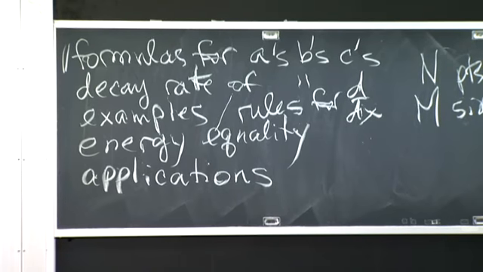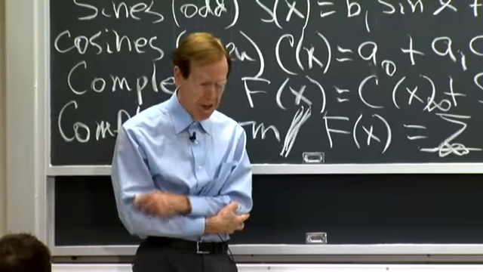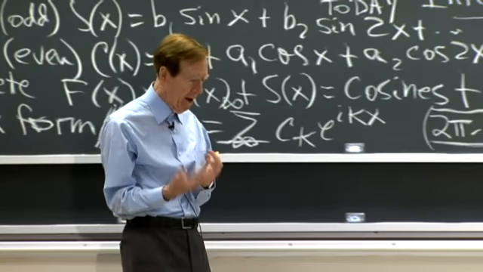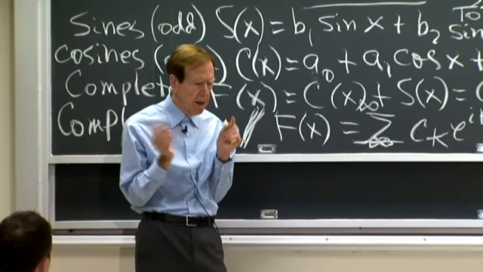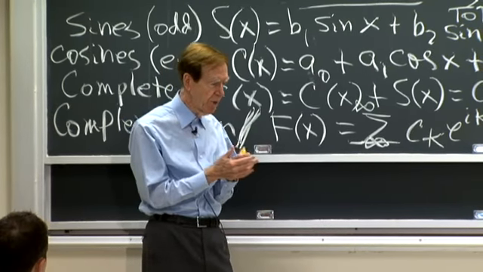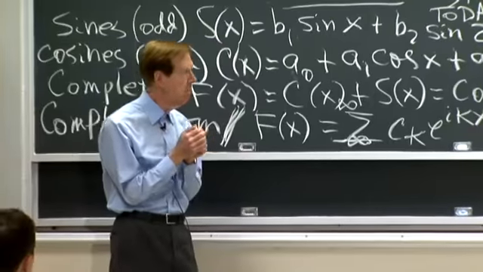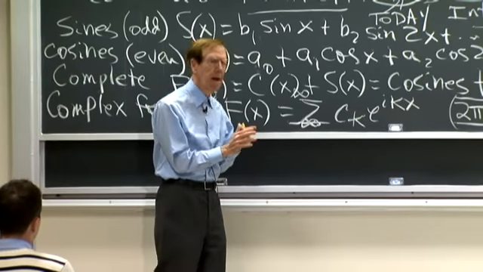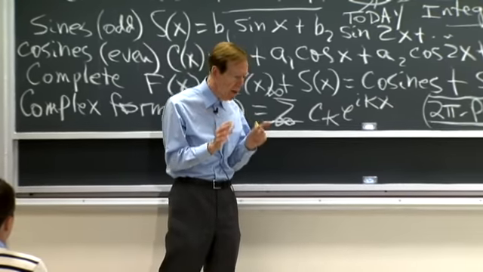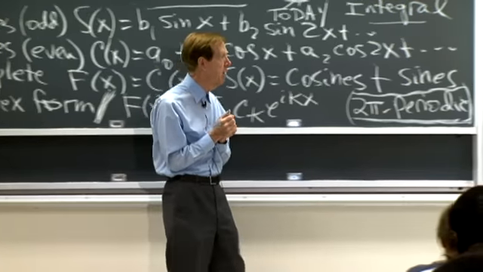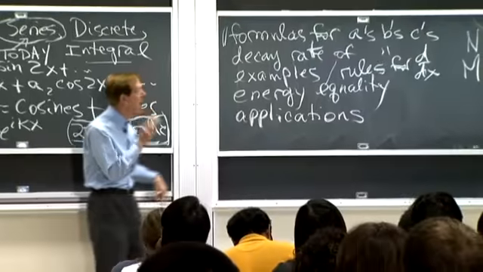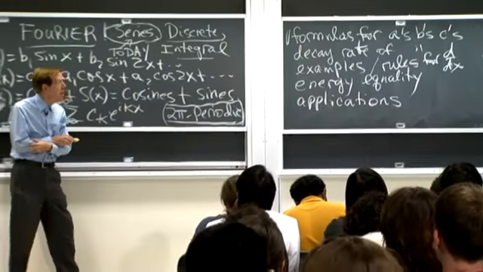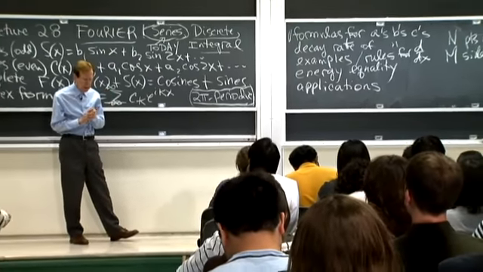Well, what I want to say right now is that this isn't a course in integration. So I'm not interested in doing more and more complicated integrals and finding Fourier coefficients of weird functions. No way. I want to understand the simple, important examples. And here's a point that's highly interesting in computing practice.